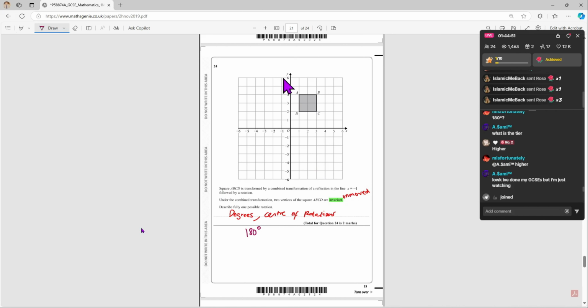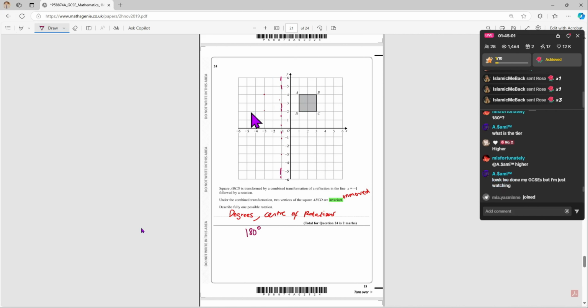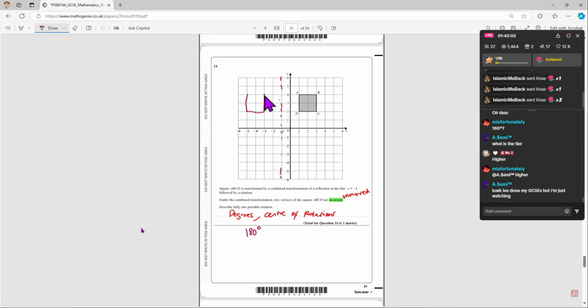So if this is our reflection line, x = -1, then we know the image is going to be over here. It's going to be 1, 2, 1, 2, here, like that. This is our reflected one.